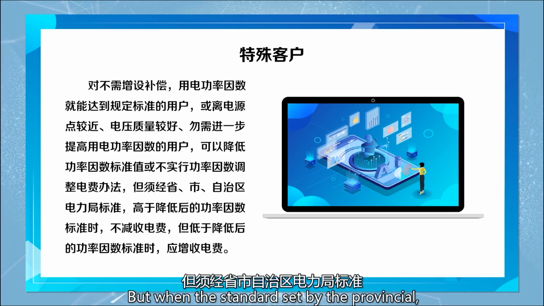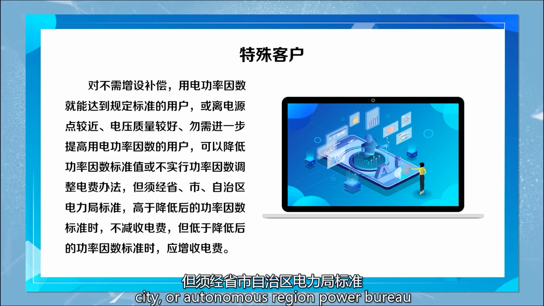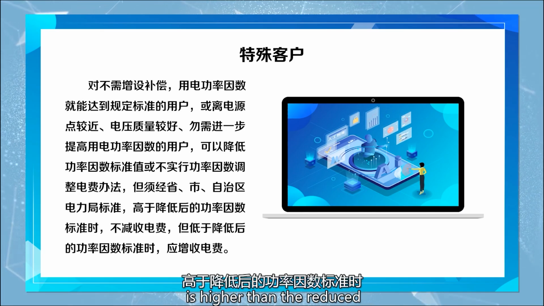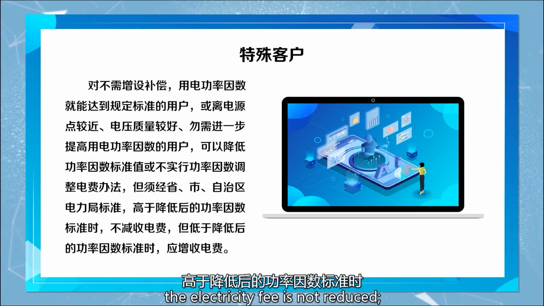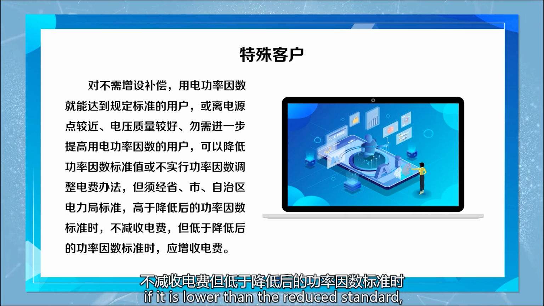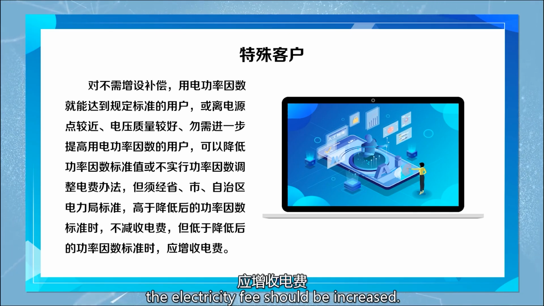But when the standard set by the provincial, city, or autonomous region power bureau is higher than the reduced power factor standard, the electricity fee is not reduced. If it is lower than the reduced standard, the electricity fee should be increased.